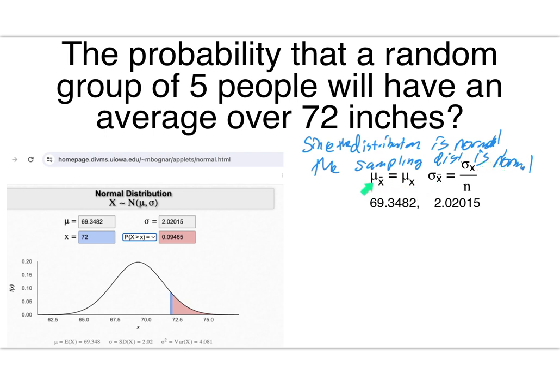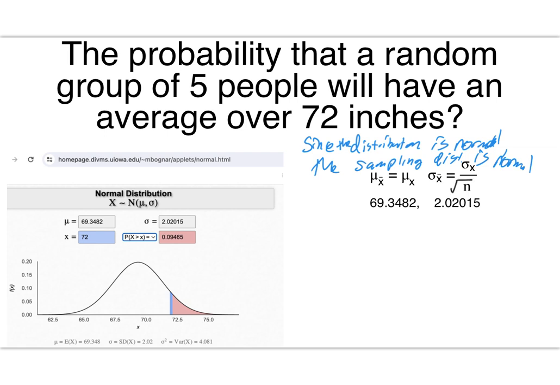The average of x bars is equal to the average of x, so it's going to be centered at the same place. The standard deviation is equal to the standard deviation of the original one divided by the square root of n. So that belongs in there.